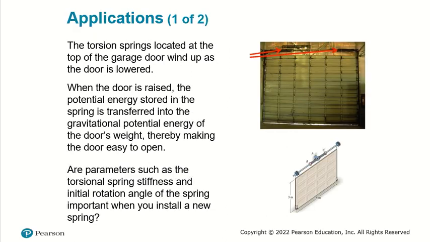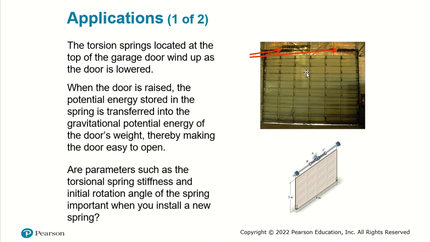All right, application. Here is a torsion spring at the top of your garage door. It winds up as the door is lowered. So as you go down, it's going to wind up. And when the door is raised, the potential energy is going to be stored in that spring right there, and translated into gravitational potential energy because you will keep at that height.